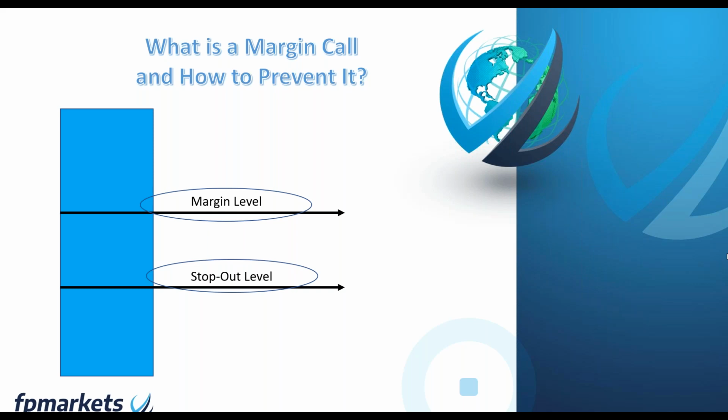So another obvious way to control risk, to avoid hitting the stop out level, is of course to use stops. This is obvious. Always use a stop loss order. They're in place to protect your account, hence the name protective stop loss order.